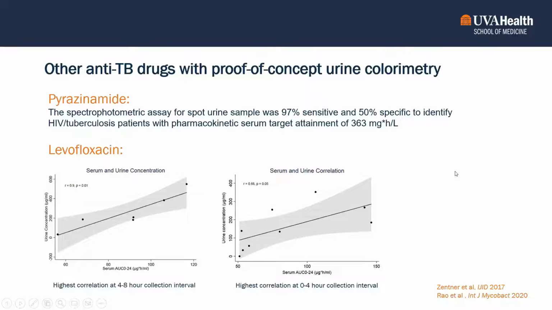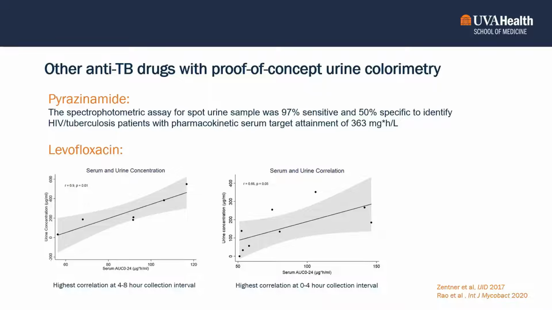Again, all of these samples are just spot samples, and hydration status and how much water they drink, or if they have other renal dysfunction, all of those factors might influence how much drug is excreted in the urine.